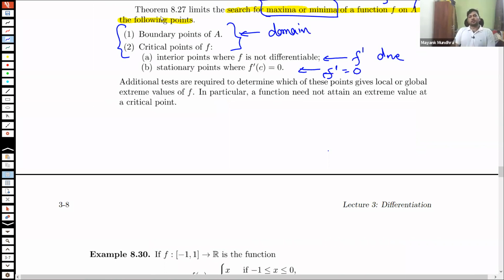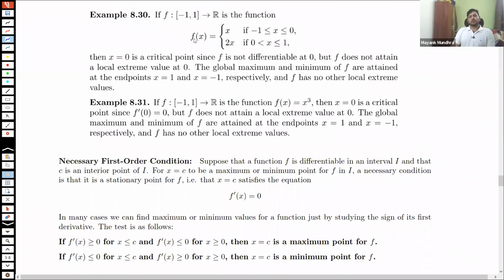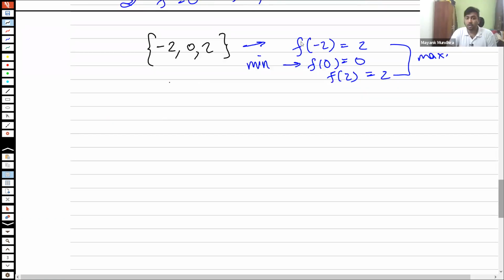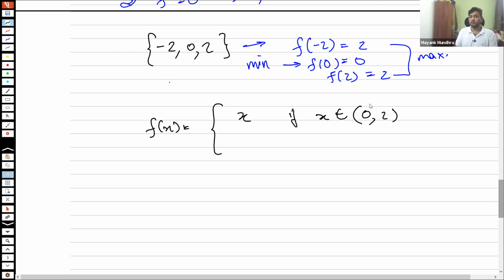So in this example, example 8.3, how do I get f prime does not exist, by the way? In a function which involves a modulus, you have to write the functional form. f of x equals x if x belongs to closed 0 to 2, and it's going to be minus x if x belongs to -2 to 0.